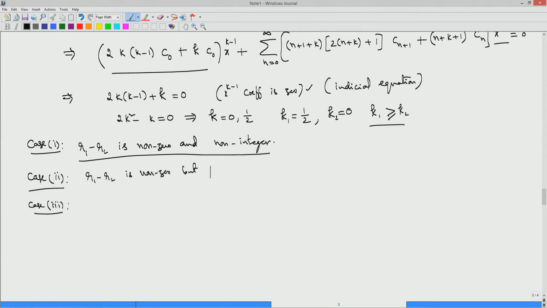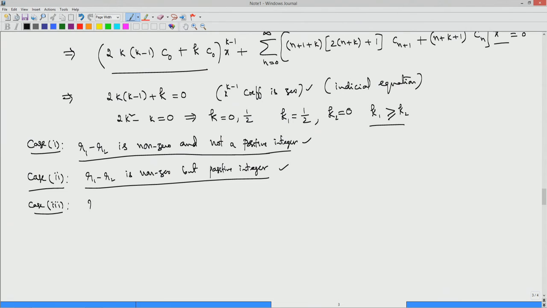Here you can also write not a positive integer, because R1 is always chosen as the bigger one. So this is one case, this is another case.